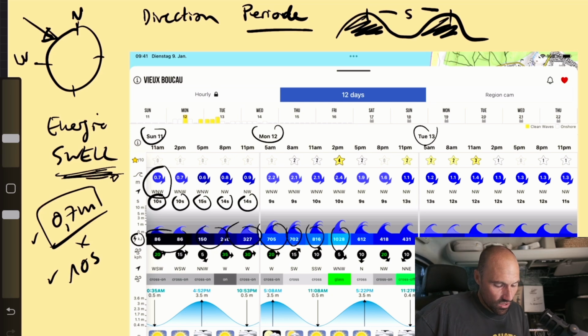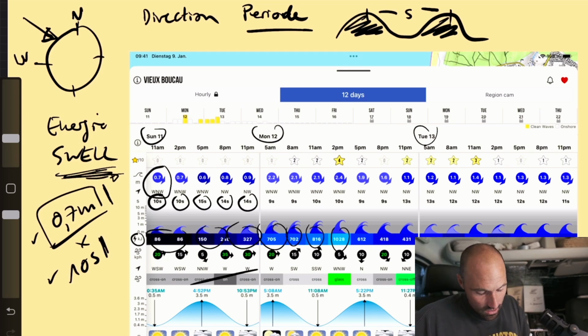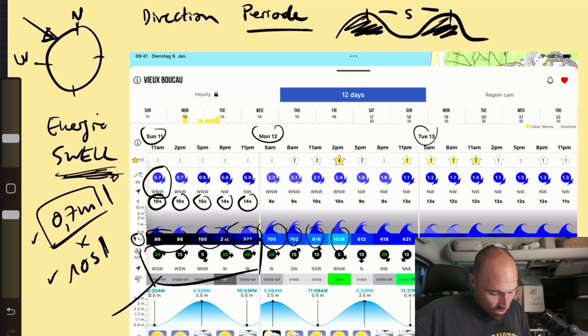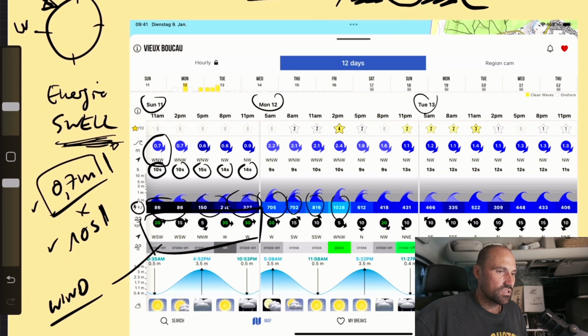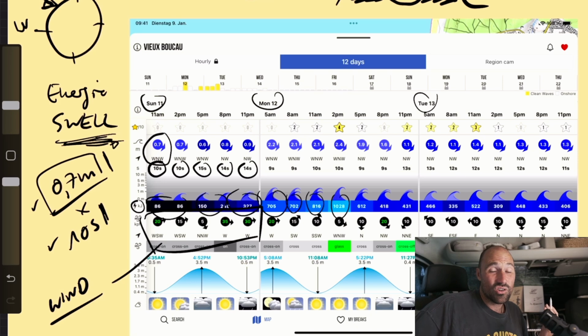So I would rather look at the swell itself, the period of the waves, and now comes the most interesting, especially the local winds. So down here is the local wind, which wind direction you have, if it's onshore or offshore. This is what defines it.